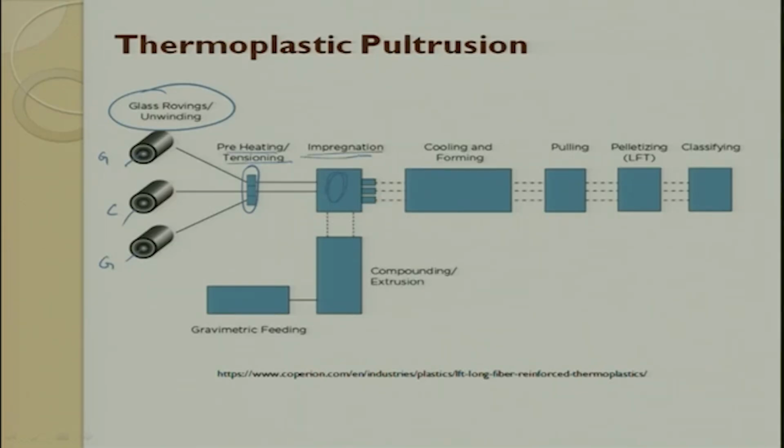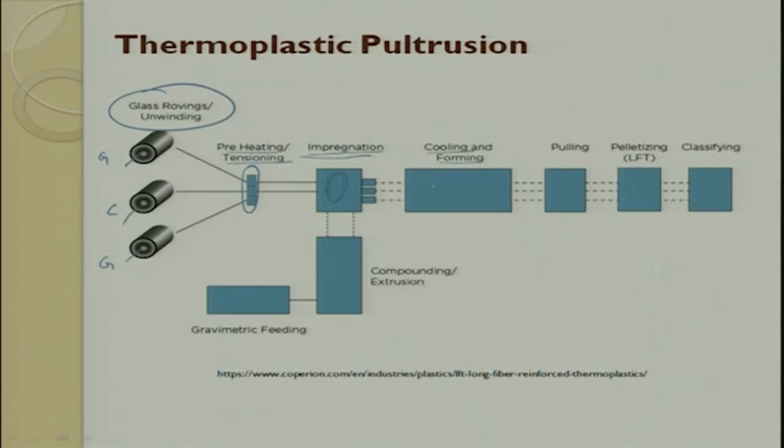So, here it is getting impregnated. The fiber and the matrix get blended at the impregnation station. After the impregnation station, we cool and give a basic shape to the fiber and the matrix which is mixed.